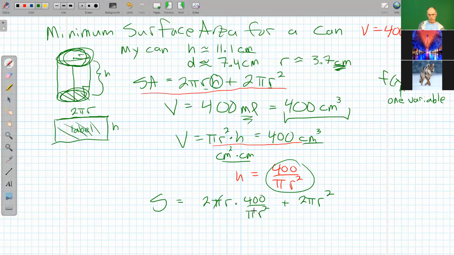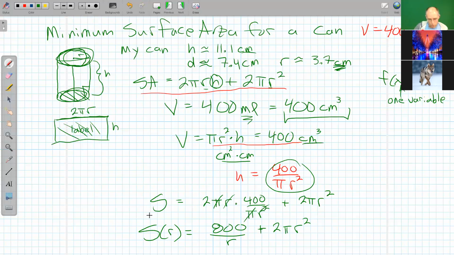So let's see, the pi's divide out, and one of these r's divides out. And then I have 2 times 400, which is 800 over r, plus 2 pi r squared. So now I've been able to write S as a function of r.